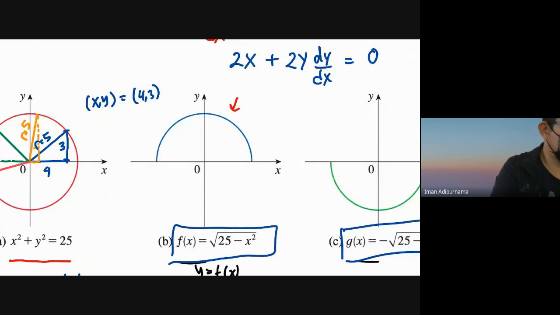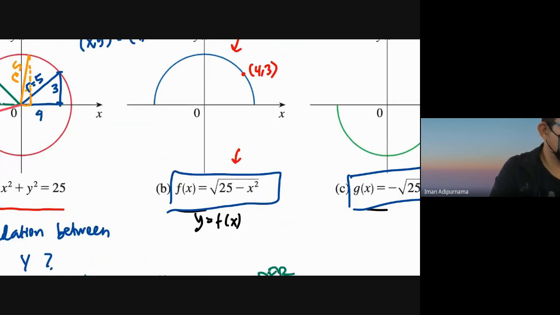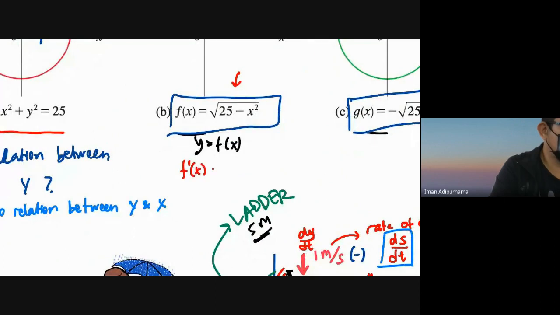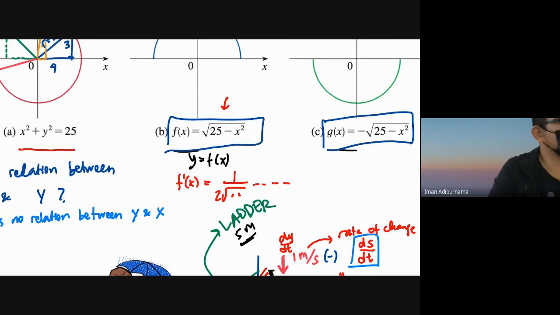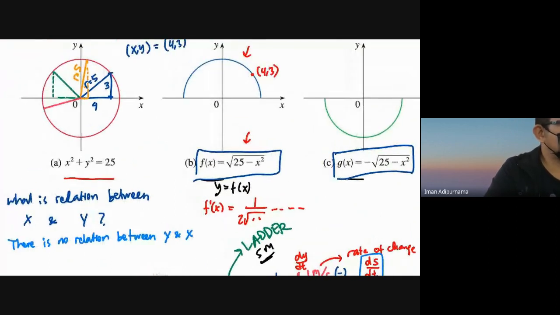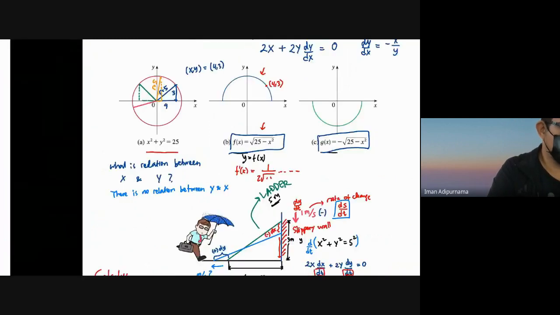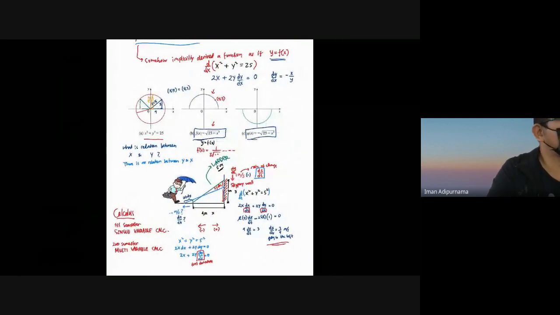You can use this semicircle because the point is over here. And then you can use this, derive and find the f prime of x. And you can use that function. But when the functions become more complicated and are expressed in terms of x and y in one equation, then I think implicit differentiation will be useful to solve those problems.